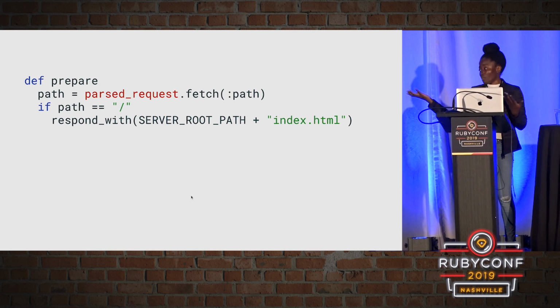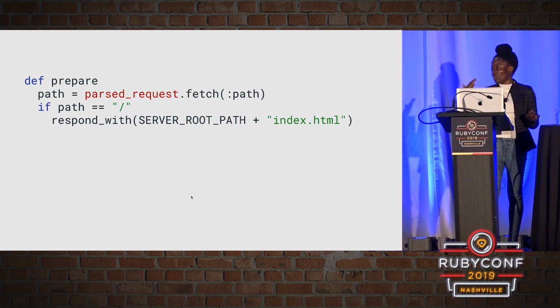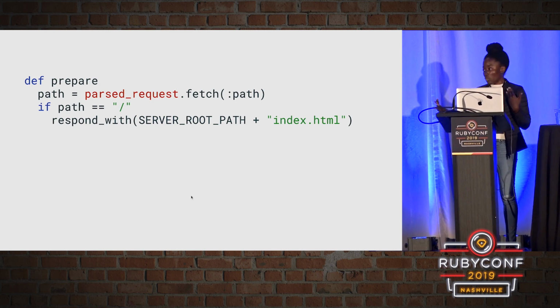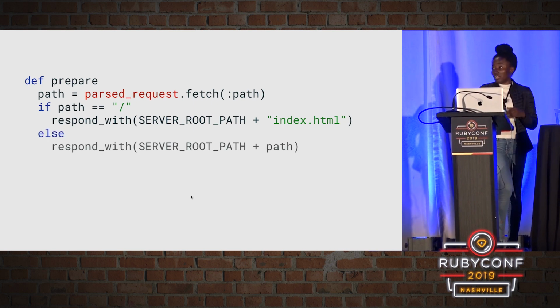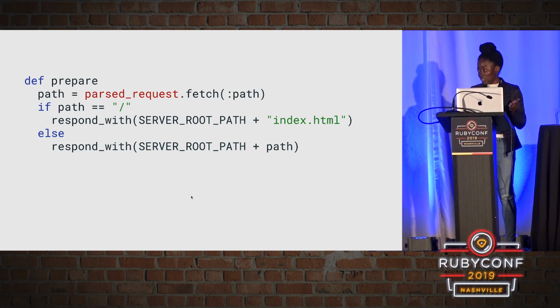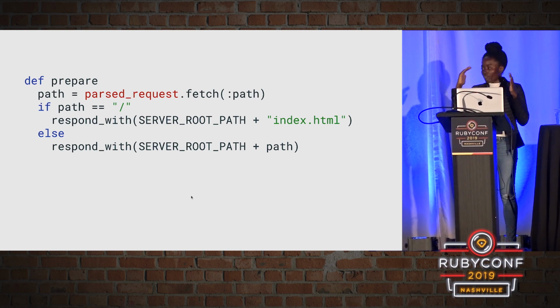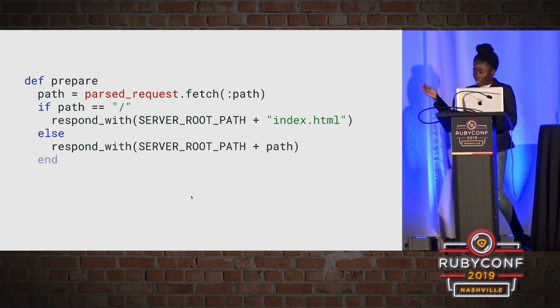And index.html is a file that exists on your server. It could be cat.jpg, it could be whatever you want your home directory for your server to have when you hit the home path of your server. And if it's not the home directory, you want it to look for the path in your home directory and return that to you.